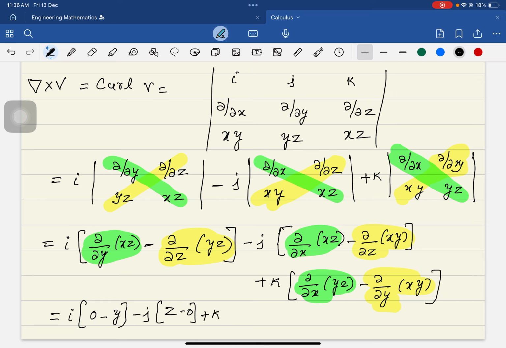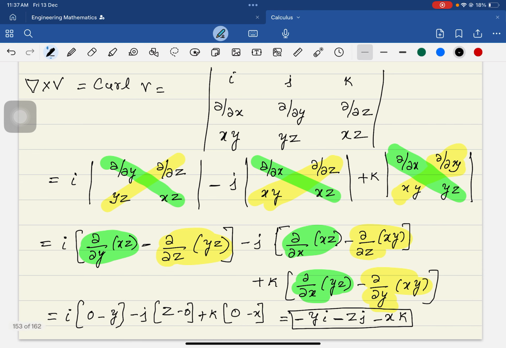Plus k times: what is the derivative of yz with respect to x? That is 0. And what is the derivative of xy with respect to y? It is x. So this is the curl of f, which is minus y i, minus z j, and minus x k. So this is what you will get as the curl of the vector.